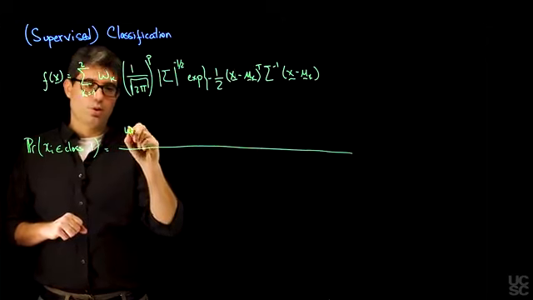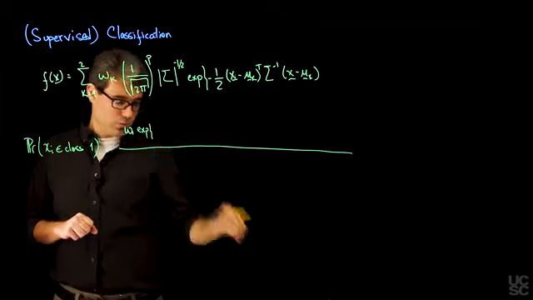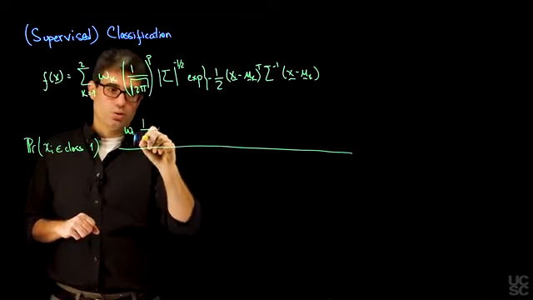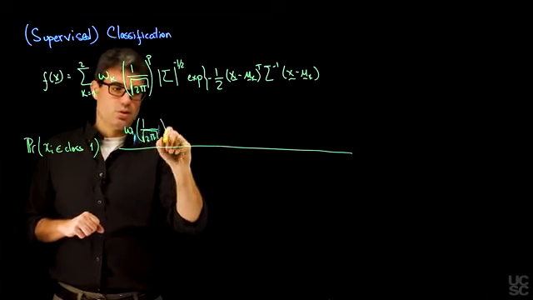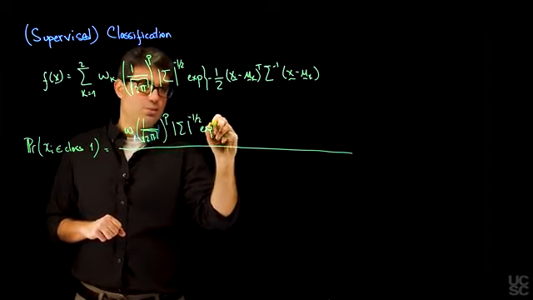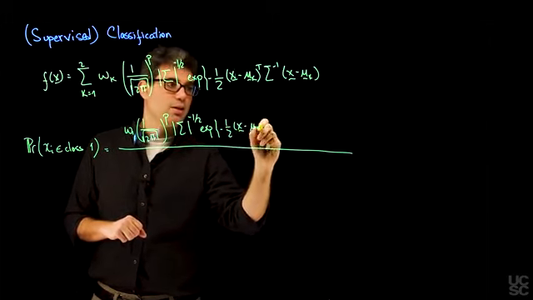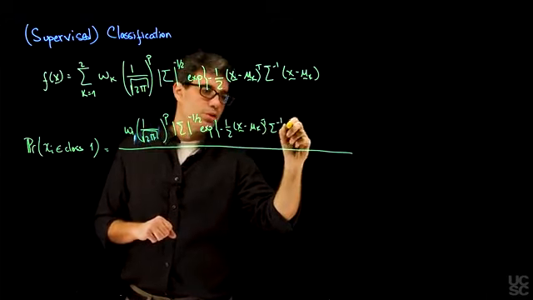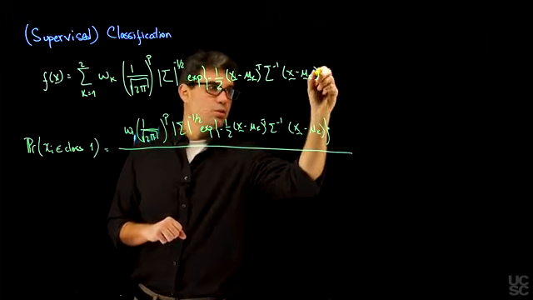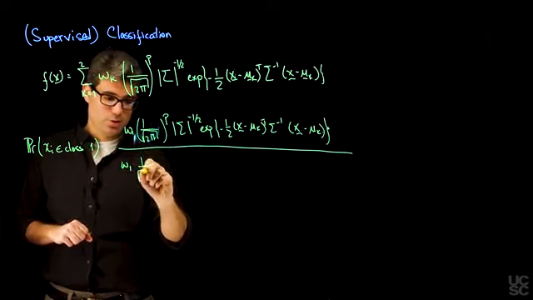So it's going to be omega 1 times 1 over square root 2 pi to the p, determinant of sigma to the minus 1/2 exp of minus 1/2 x minus mu k transpose sigma inverse x minus mu k. And in the denominator, we're going to have the same expression first.